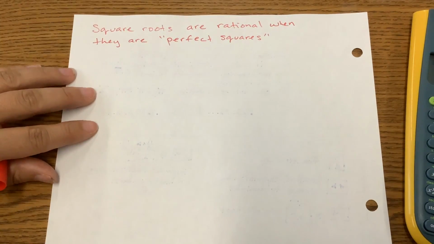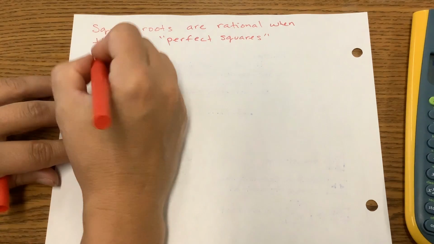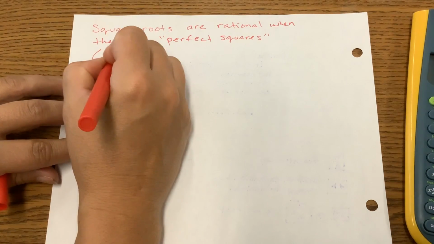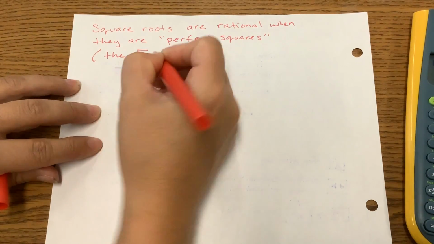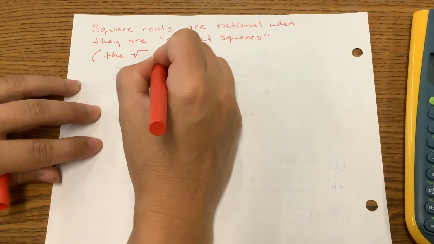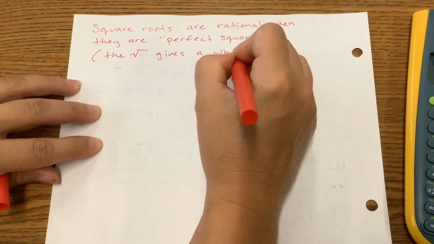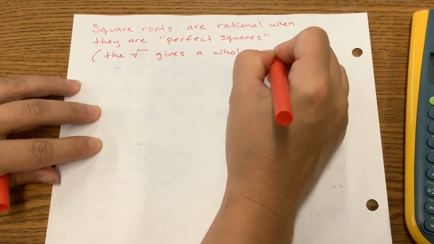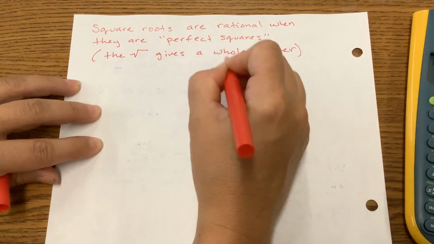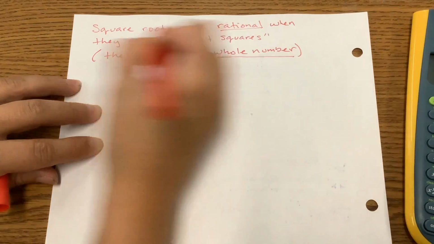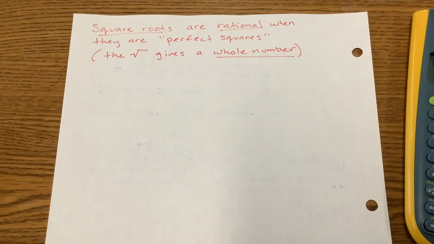And what I mean by perfect squares is that when you take the square root, it gives a whole number. So if it's rational, the value of the square root will be a whole number.